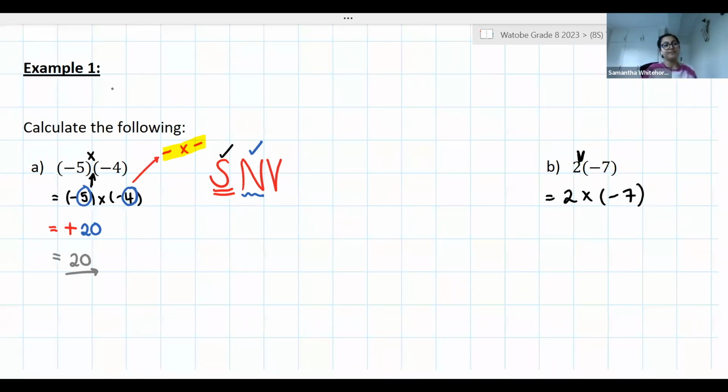For B, I want you to think about what your signs are going to be when you multiply. You can put your answers in the chat. I don't want hands yet. I'll tell you when I want hands. But think about what your sign is going to be when you say positive 2 times negative 7, and then what that answer is eventually going to be.